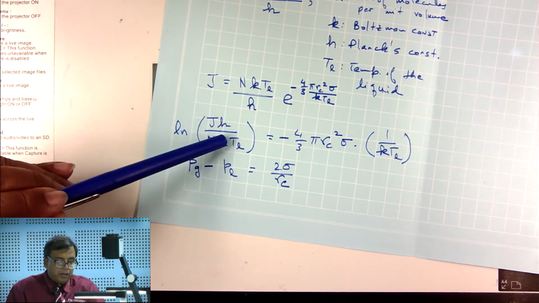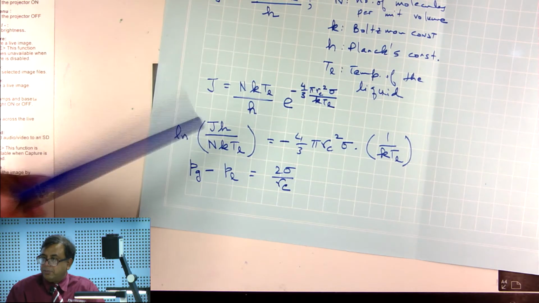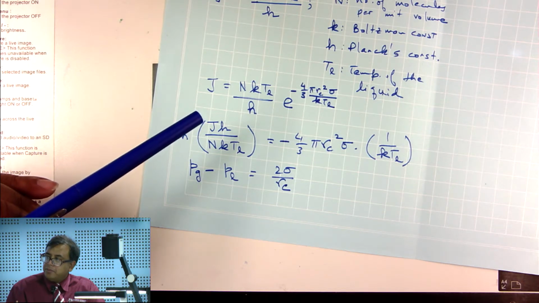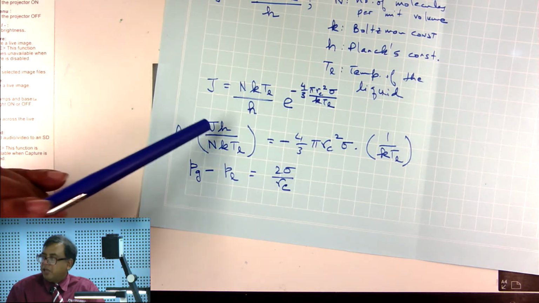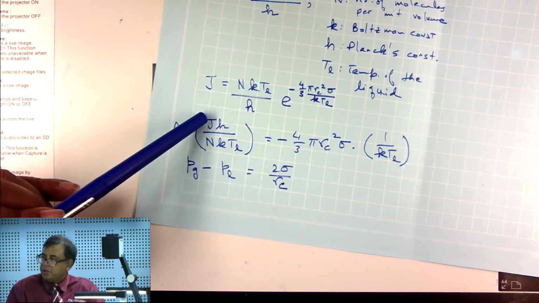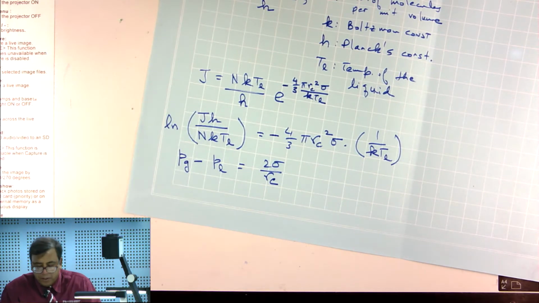Okay. K is a constant, H is a constant, J I do not know. I can have a cluster of 1,000,000 molecules, I can have a cluster which is 1000. Okay. So, J is an enigma, I do not know what the value of J is. Okay. So, let us go ahead and do this calculation for different values of J. Okay. So, I have summarized it in the PowerPoint. So, let us go ahead and look into it.